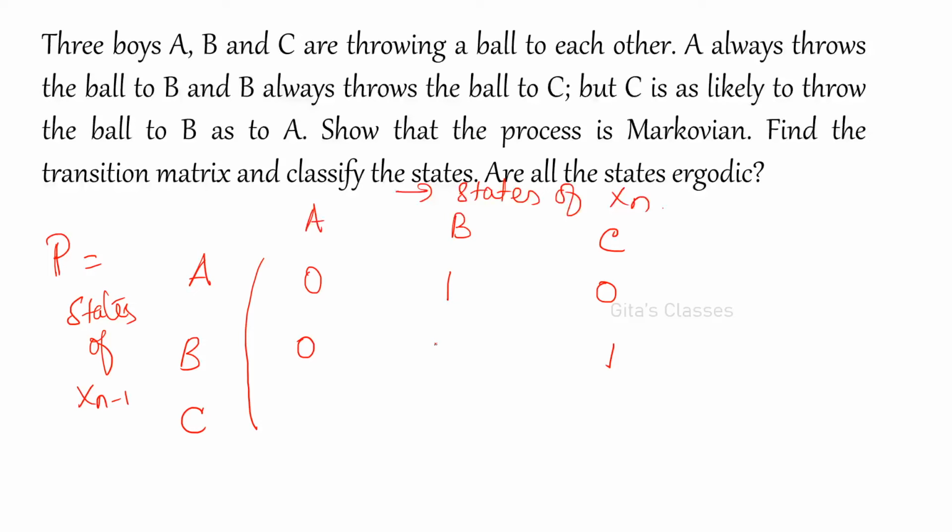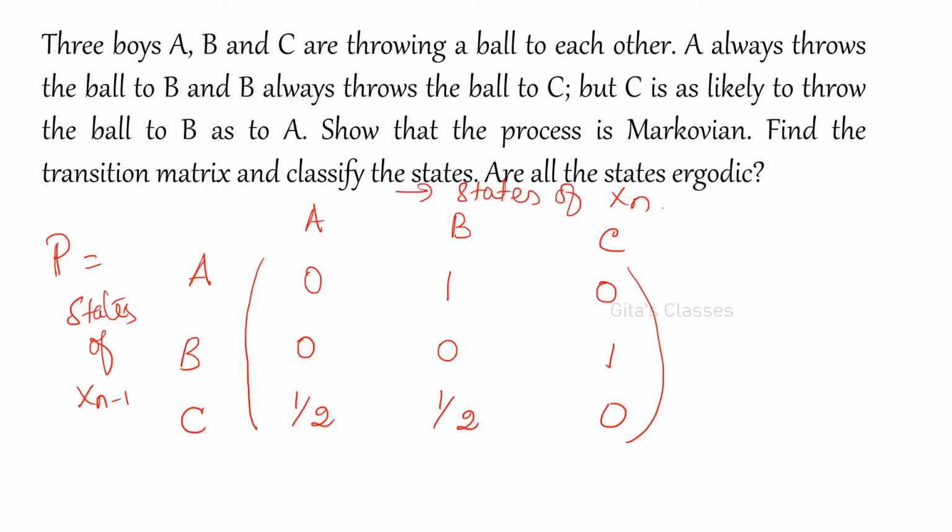There is no possibility, and he cannot keep it himself, so it is 0. Understood? Now, C is as likely to throw the ball to B as to A, so they are equally likely. He can either throw to A or B, so we are dividing that into equal probability. He is not keeping it himself, so it is 0. This is the transition probability matrix.